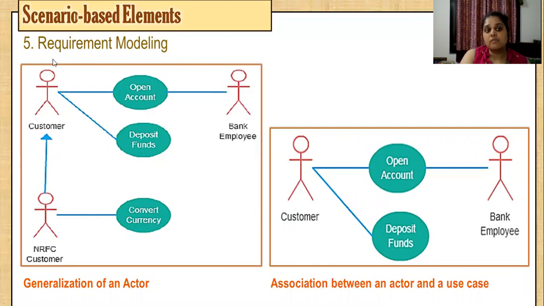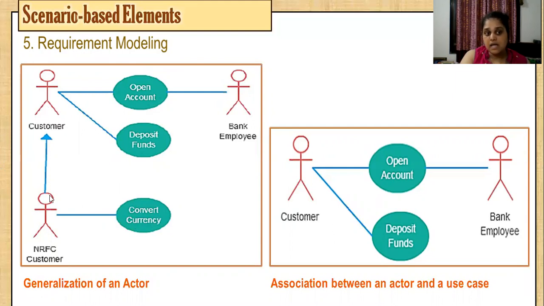Whatever your parent class is doing, the child class can also do. And apart from that, a child class can have its own new use cases, just as a child class can have its own new features in a subclass. So customer is a superclass.